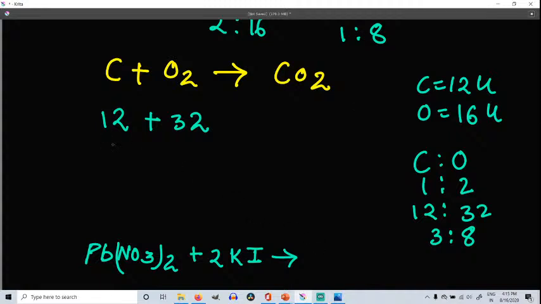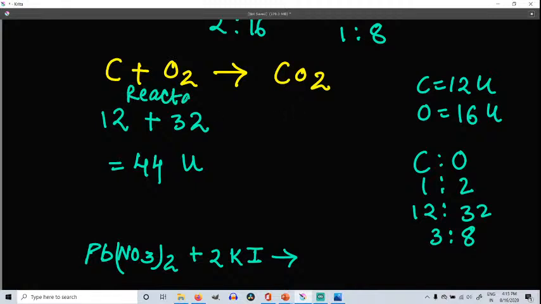So in that case, when you take 12 gram of carbon and 32 gram of oxygen, what will be the mass of reactant? Obviously 44 gram. This can be written in U also, atomic mass unit.